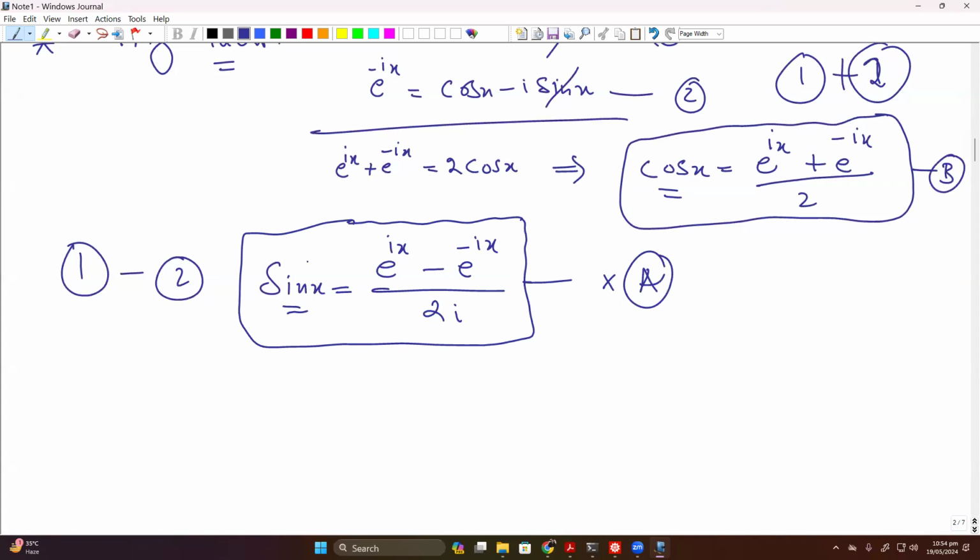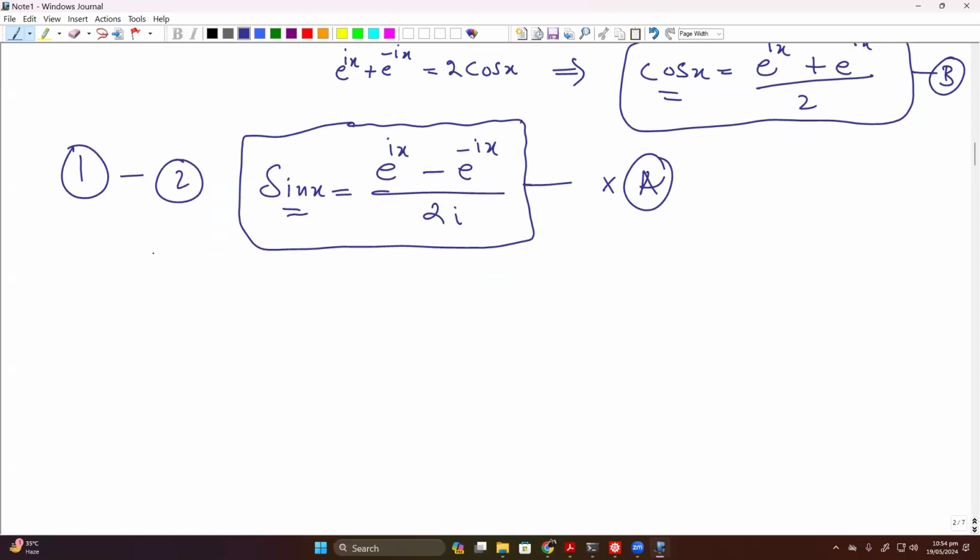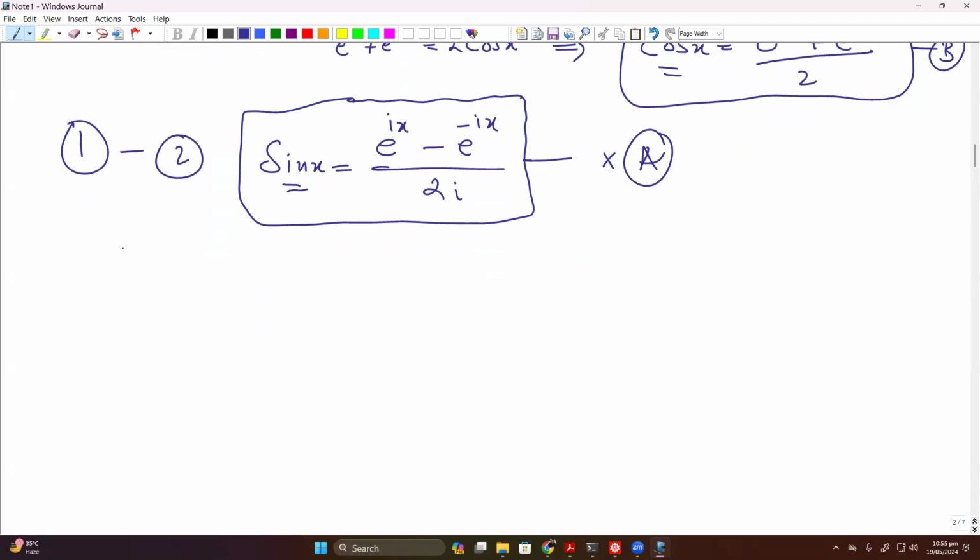Now I'm going to derive some basic trigonometric identities. For example, you know from your 10th or 12th grade that we can express sum of angles in terms of the product of the angles. So to prove those, let's suppose I'm taking this expression, e to the i alpha plus beta.